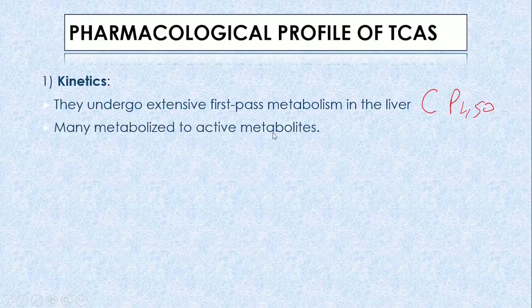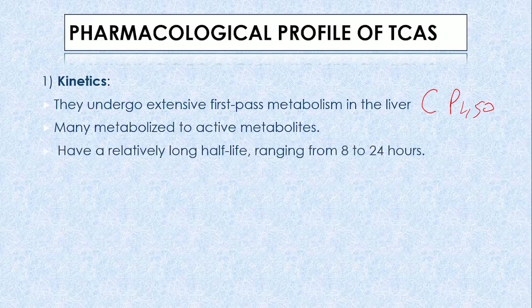That means they act as prodrugs. They are active and they are metabolized to another active antidepressant. Usually, they have a relatively long half-life, which ranges from 8 to 24 hours, and that's why they are used only once a day. The dose is once a day, which is, of course, convenient to the patient.